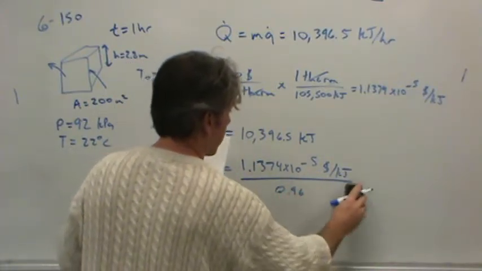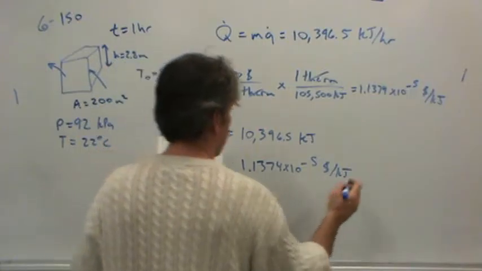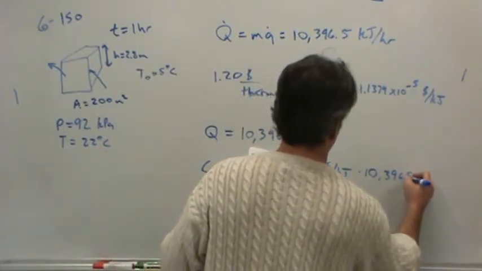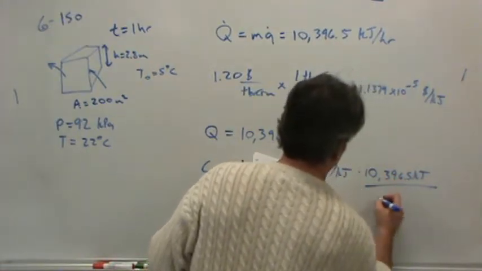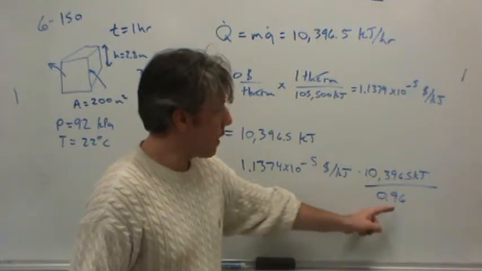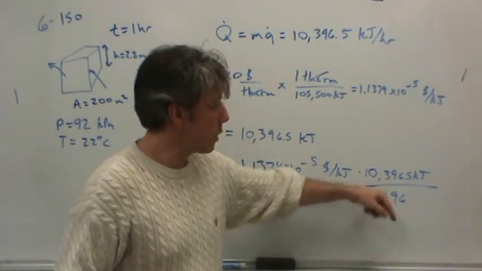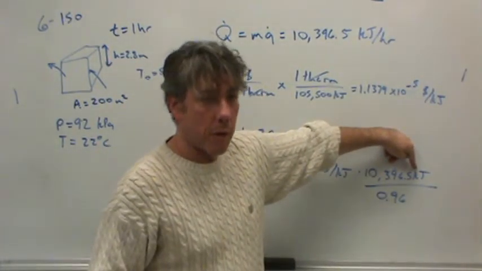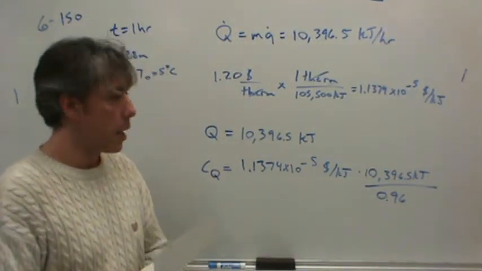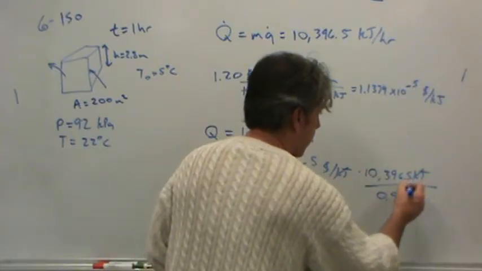96%. Well, let's put that over here. That'll make more sense. So times 10,396.5 kilojoules, but we have to buy more than that many kilojoules. So if I divide by the 0.96 efficiency, I will convert these units of heat into units of chemical energy, which will then cancel with these kilojoules.